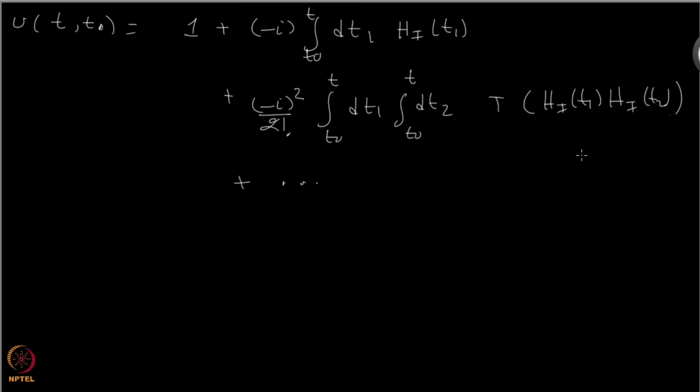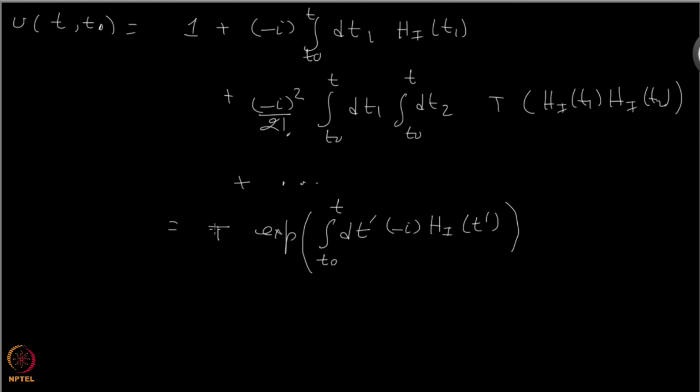Okay, and this I define to be the following. I write it as exponential minus i, okay, slightly differently, integral dt prime. I have just brought in minus i here, and integration is from t naught to t, okay, and then I put a T here, the time ordering operator here.